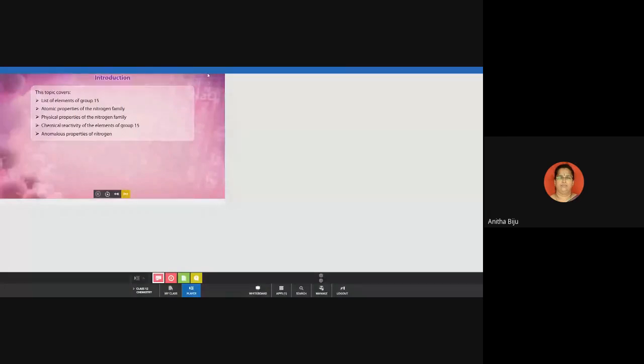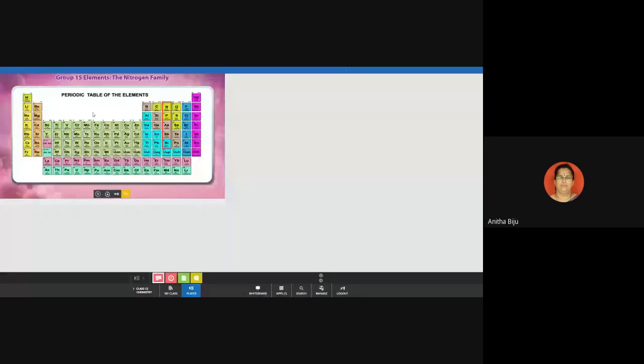So let us think about the periodic table. Look at the position of the 15th group elements. Nitrogen, phosphorus, arsenic, antimony, bismuth. At least these elements you need to know.